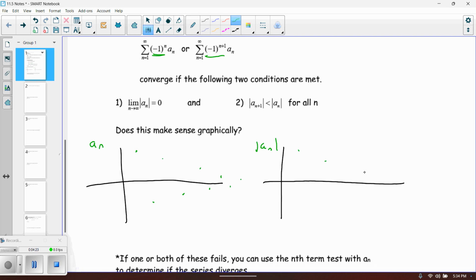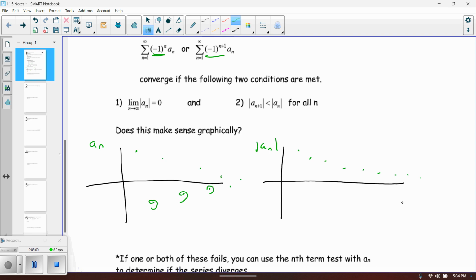That one would be there, that one would be there, that one would be there. But the ones on the bottom now, for example, this one, this one, this one, all these are negative. All it's going to do when you take the absolute value now is flip those things up. It's going to reflect them across the x-axis, and now you're going to have something that looks more like that. And so on. And it's going to keep getting closer and closer and closer to the x-axis, but they're all going to be positive. Again, so now it looks like a decreasing function.